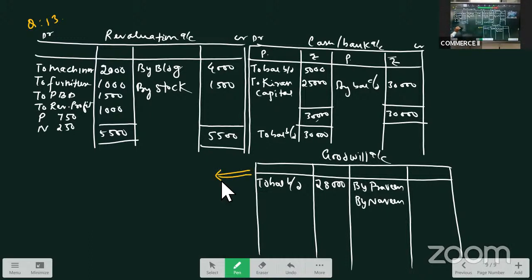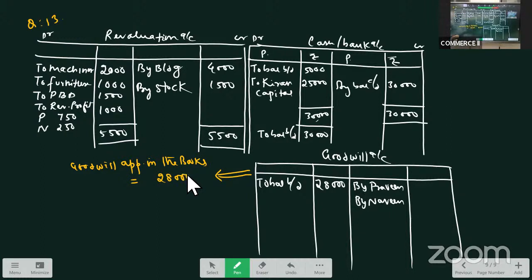See, the present value of goodwill. Goodwill appearing in the books is 28,000.